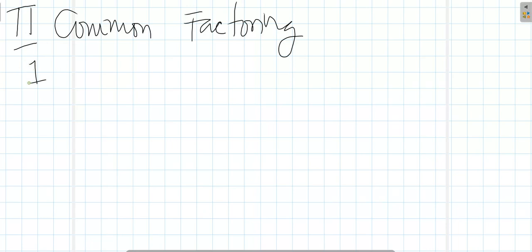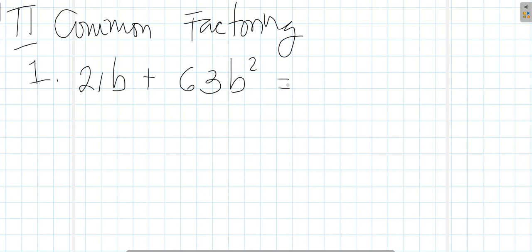For example, we have here 6a, we have 21b plus 63b squared. How are you going to factor using a common monomial?